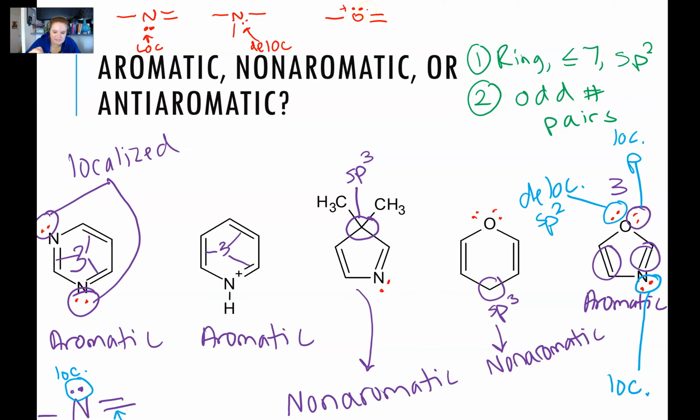But if it was in this scenario, I'm going to move my lone pair to the bottom here. Then that lone pair would be localized because the pi bond is the part that is delocalized. For oxygen, most of the time though, we're going to see it as 2 single bonds. And in that case, 1 lone pair is localized and 1 lone pair is delocalized.